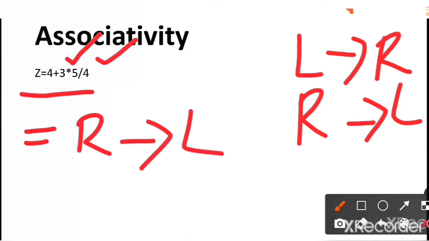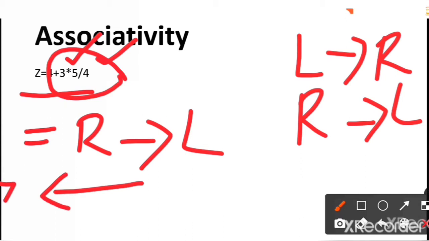Because of this right to left associativity, first the expression on the right side of the equal to operator is evaluated and then it is assigned to the variable z using the equal to operator, or the assignment operator.